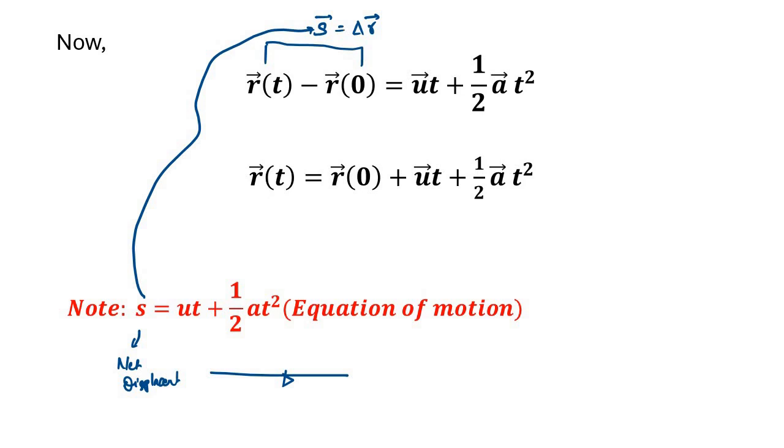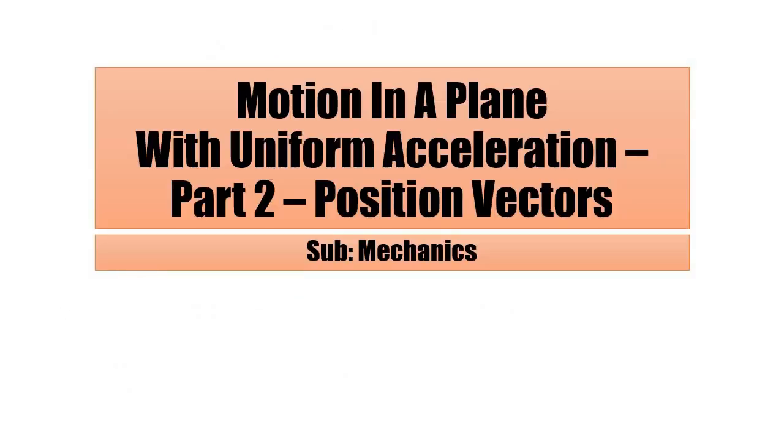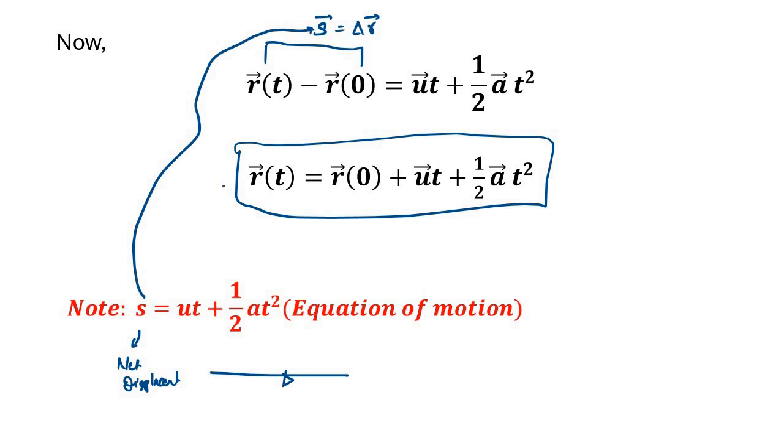into its individual components. So we can write rt vector, or the final position vector, is equal to r0 vector, that is the initial position vector, plus u vector t plus 1 half a vector t square. This is the equation which we have. This is the main objective of this video, the representation of the final position vector into the x and y components.